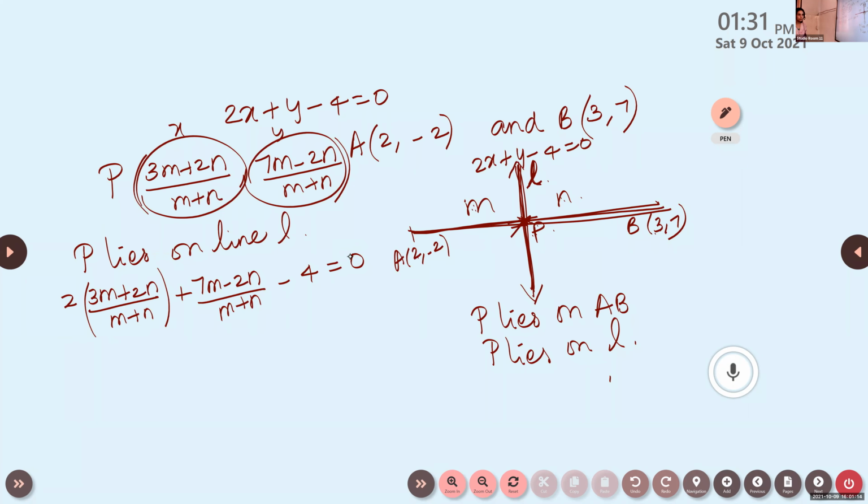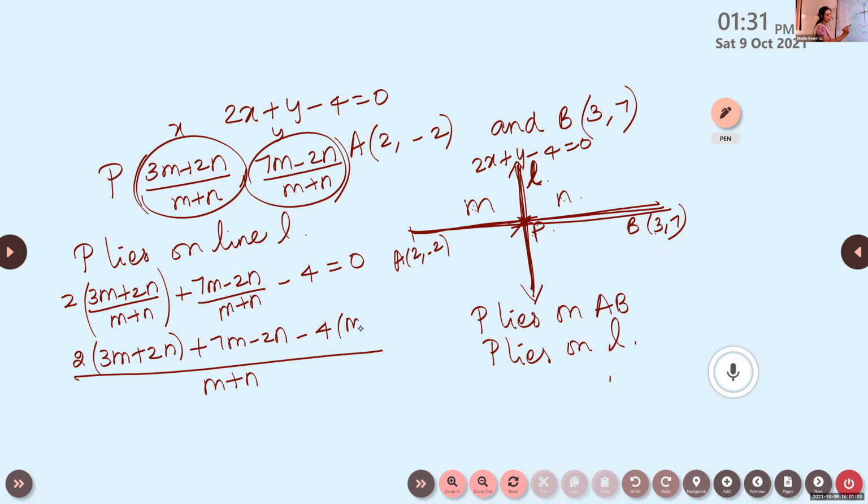Next step, take the common denominator m plus n. If you open the bracket, 2 into (3m plus 2n) plus (7m minus 2n) minus 4 into (m plus n) is equal to 0.